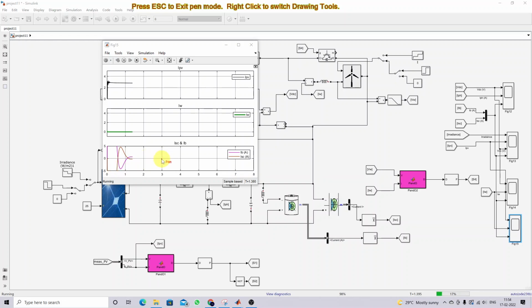After 3 seconds, we are going to decrease the irradiation of the PV panel from 1000 to 500. So we will check the response of the system.